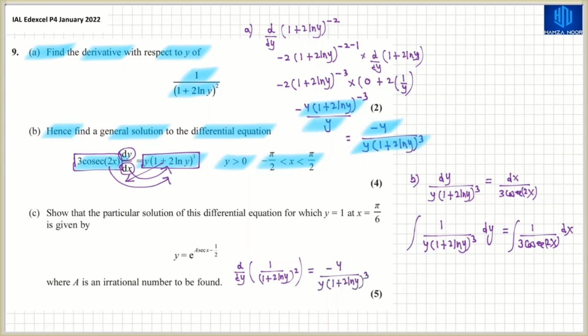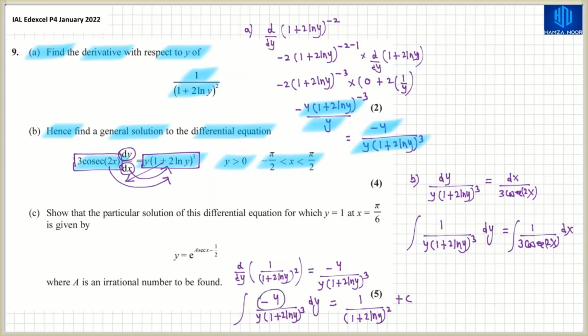Since integration is the reverse process of differentiation, if we integrate minus 4 divided by y times (1 plus 2 ln y) whole cube with respect to y, we will get 1 upon (1 plus 2 ln y) whole squared, plus c. Here I'm doing some separate working for integrating the expression with respect to y, and that's why I have mentioned a plus c over here.